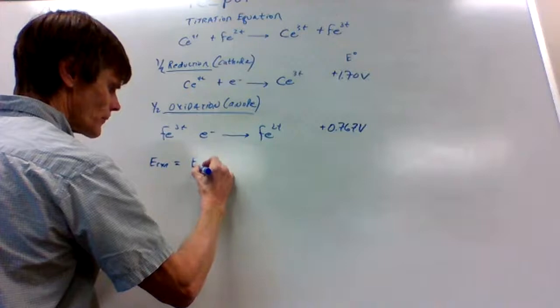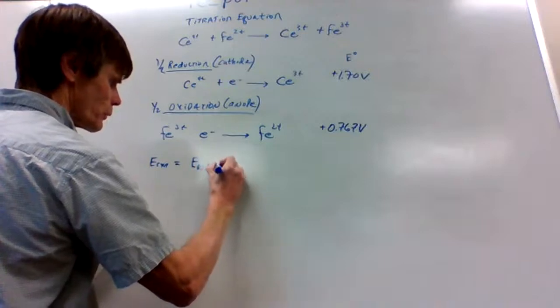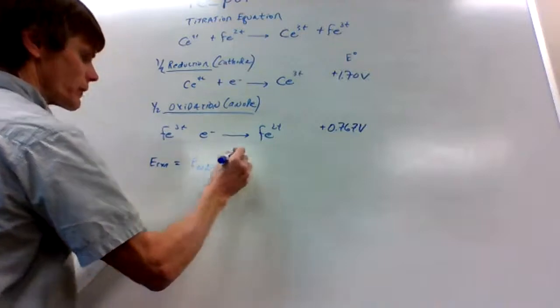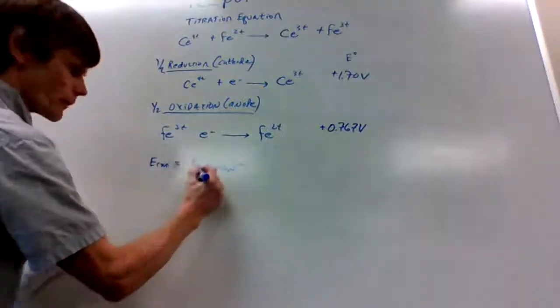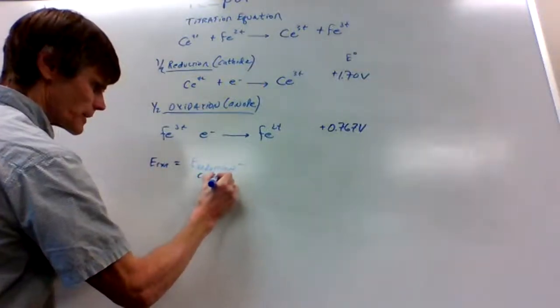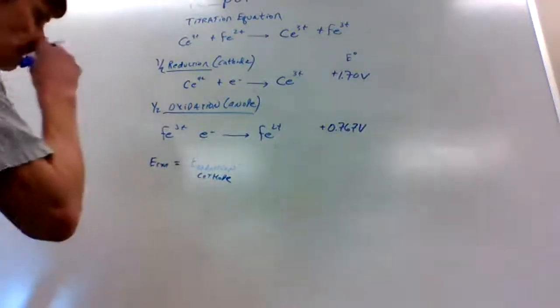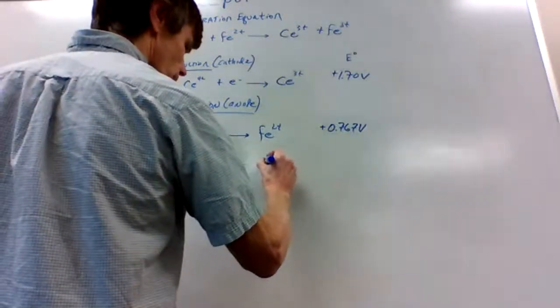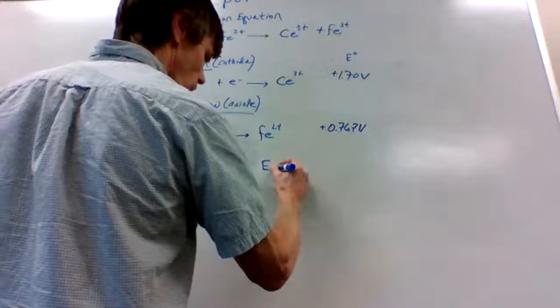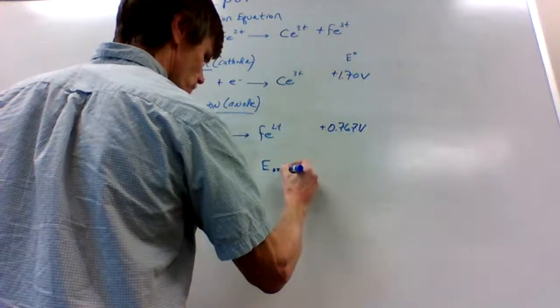And remember, by convention, this would be where we would have our cathode. So that's basically how we wrote this in our earlier discussion about a cell arrangement, minus the E for our oxidation half reaction.